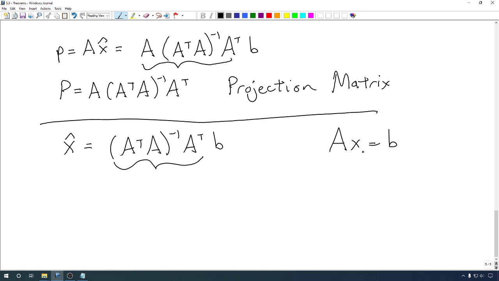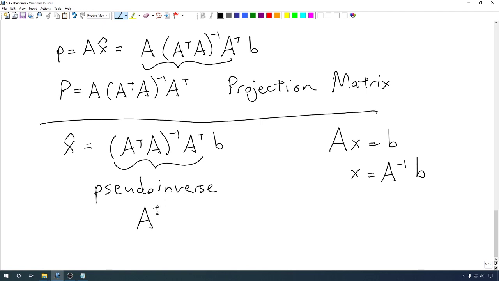If we had a different A and a different b over here, and our A is non-singular, then we're solving our system by just multiplying by the inverse. This matrix here is basically playing the same role. It's not really an inverse, but sometimes it's called a pseudo-inverse. So that's what we call the pseudo-inverse of A.